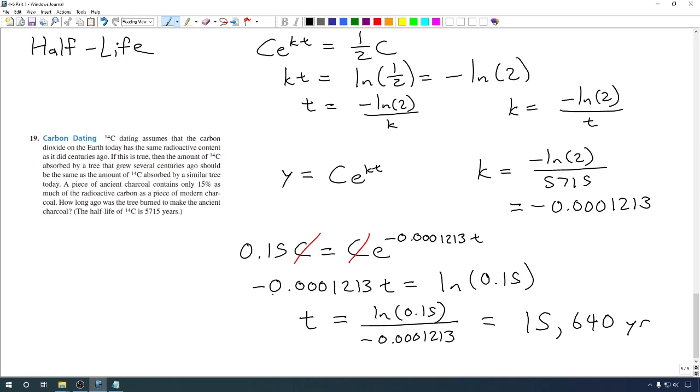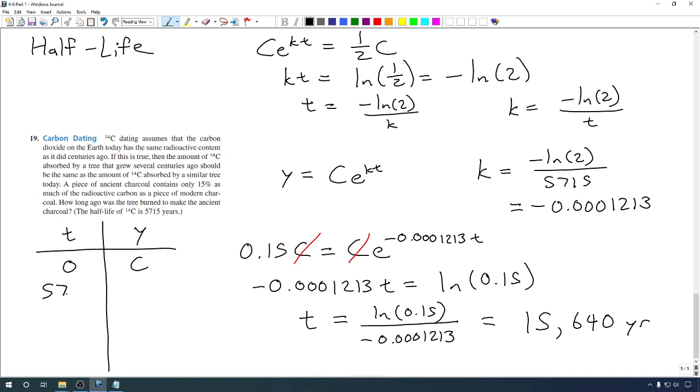And this kind of should make some sort of sense. So keep in mind that the half-life means that after 5.7 thousand years, we have half of what we had originally. So you can say that we originally had c. Maybe make a table of this. So at time 0, we had c. This would be our y.